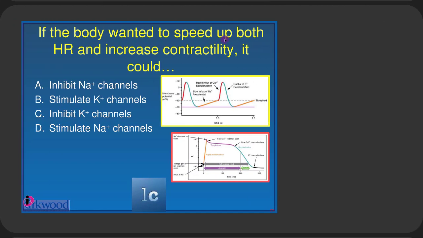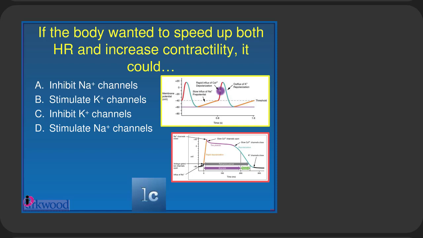If the body wanted to speed up both heart rate and increase contractility, it could. Well, if you wanted to speed things up, you would speed up sodium by stimulating sodium channels. I like that answer, but it doesn't really affect contractility because this is already pretty fast. So speeding up sodium doesn't really increase contractility too much.